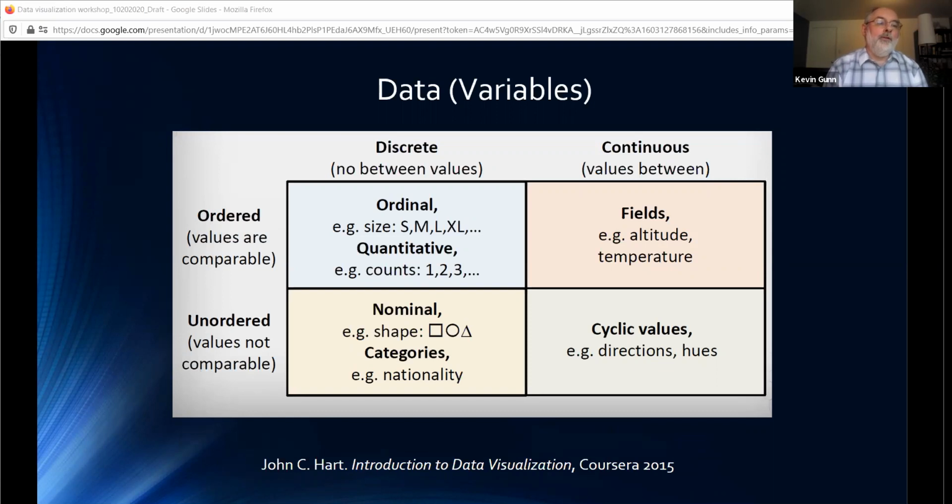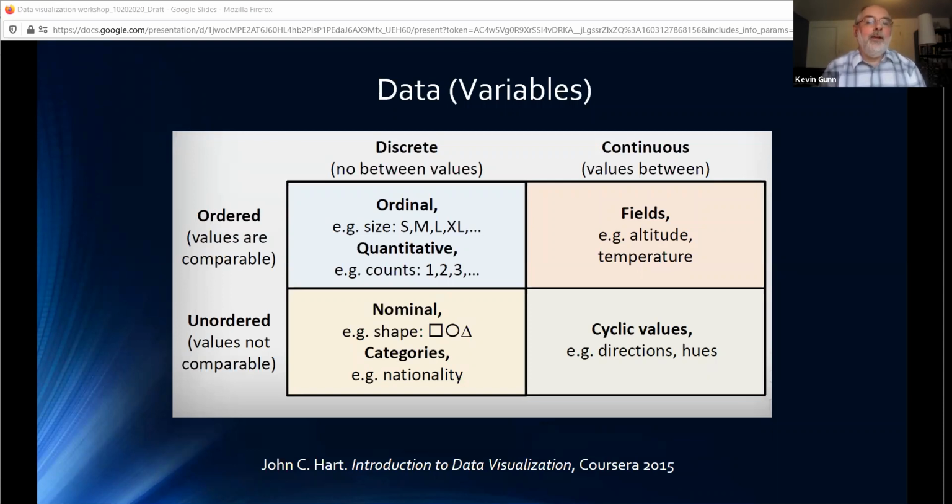If it's ordered and discrete, then it's going to be ordinal data, or it's going to be quantitative in that sense. If it's discrete but unordered, then it'll be nominal, or you'll be dealing with categories as you go forward. So nominal with different shapes, or categories with nationality, for example.